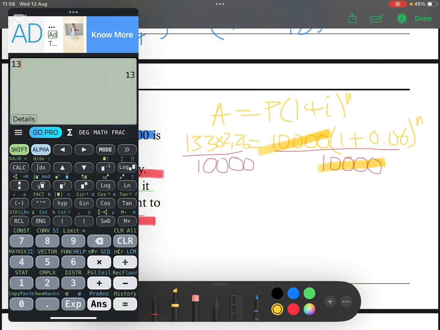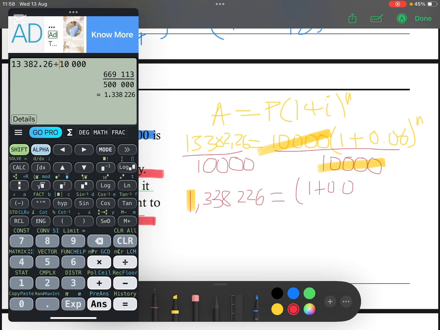There we go, 13,382.26 divided by 10,000, and you'll get 1.338226, which is equal to (1 + 0.06) to the power of n, right?